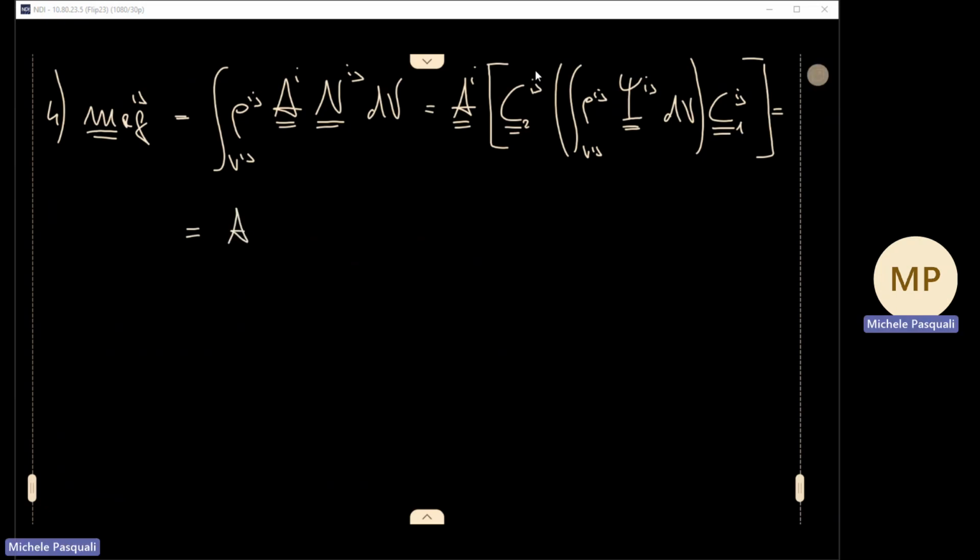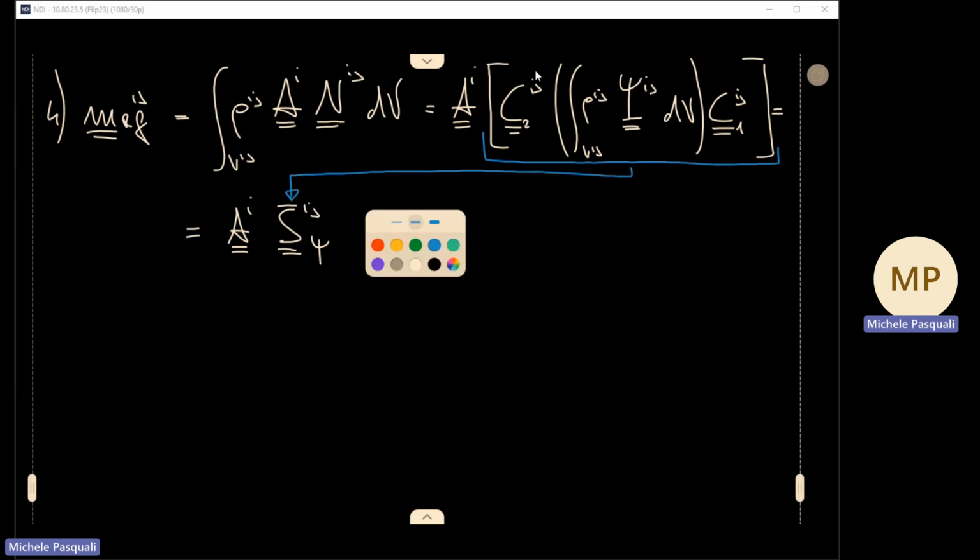So this is A I times S over bar Ij C. Okay, so again, once we have defined this second inertial shape integral, we can use it again. So this is this. And this is the third, actually the fourth noteworthy result.